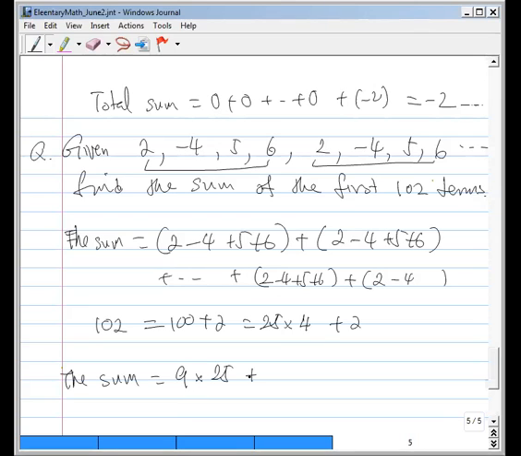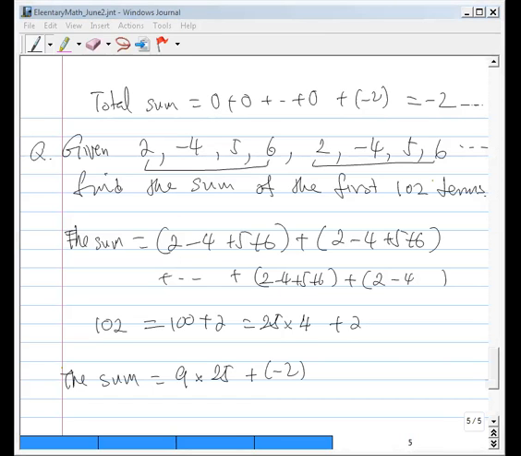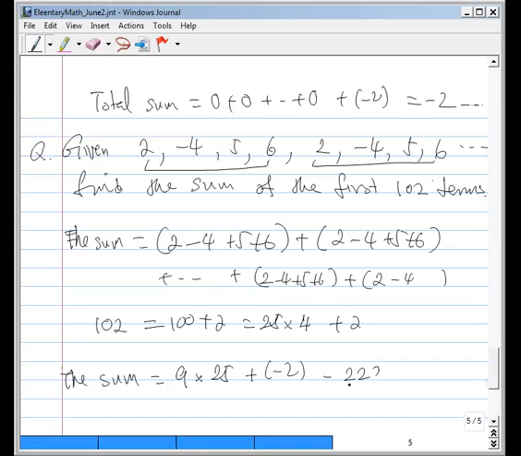And then the last one will be -2 because 2 minus 4 is going to be -2, okay? So now 9 times 25, right, minus 2 is going to be 223. Great. 223. Why is it 227?